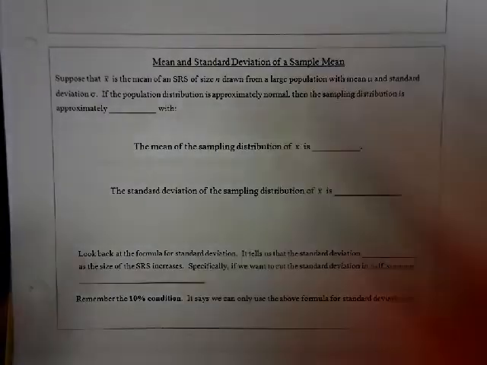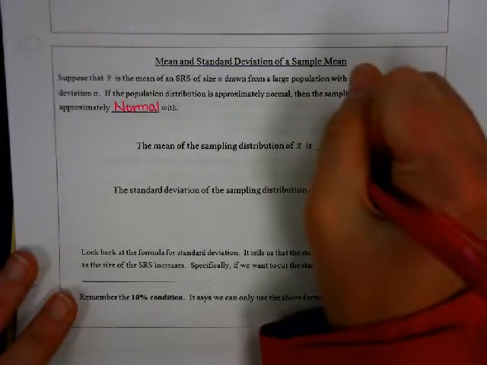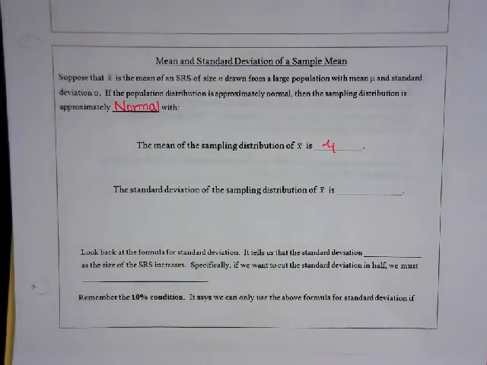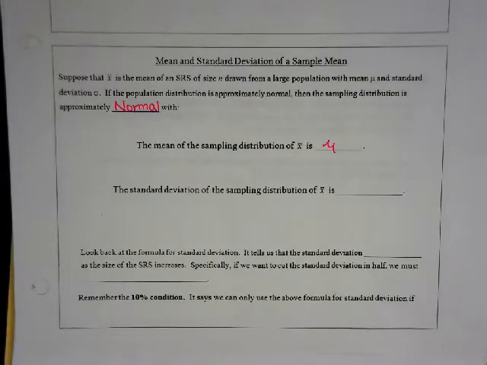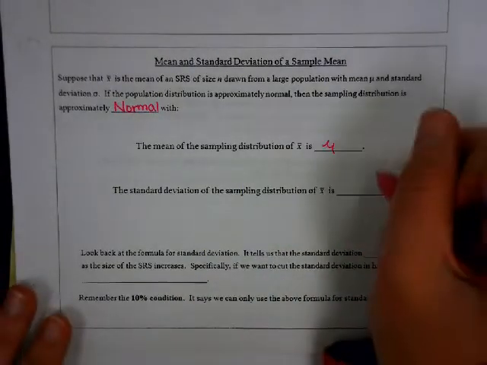The mean of the sampling distribution of X bar is mu. So just like the mean of the sampling distribution of p hat was just p, the parameter, same idea for means. The mean of our sampling distribution is the parameter mean. The standard deviation of a sampling distribution, we take sigma and we divide by the square root of n.